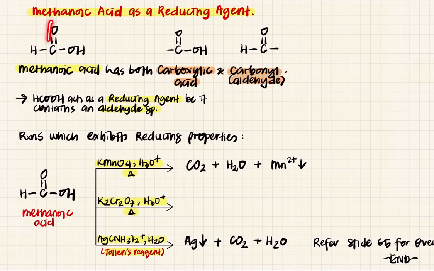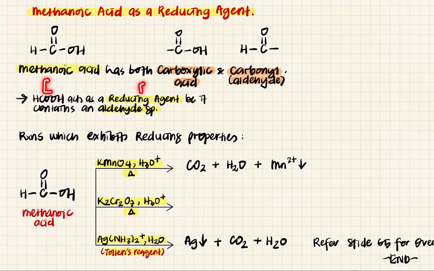Okay, here this is your carbonyl, and on this part you have your tadi ni carboxyl, and this part you have your aldehyde class. Okay, your carbonyl group. So because methanoic acid ni has an aldehyde group, it can act as a reducing agent. So that means that methanoic acid can undergo oxidation lah.